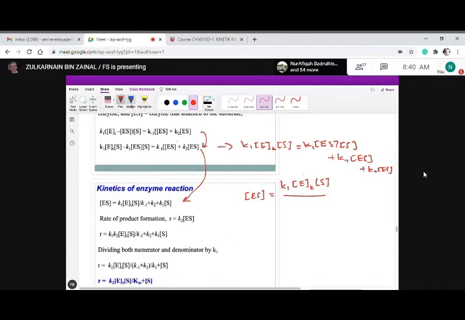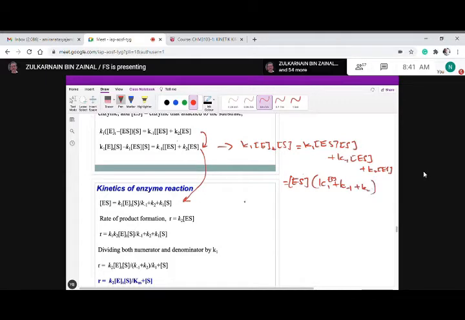Right, let us do it properly. What you have here is equal to ES times K1 S plus K minus 1 plus K2.